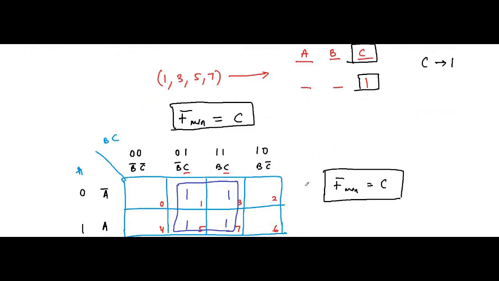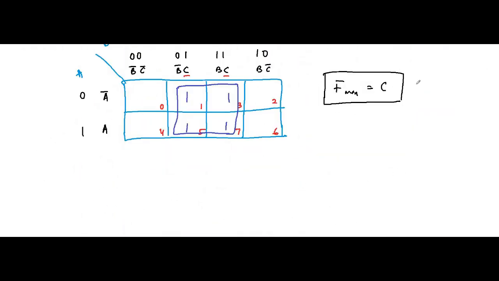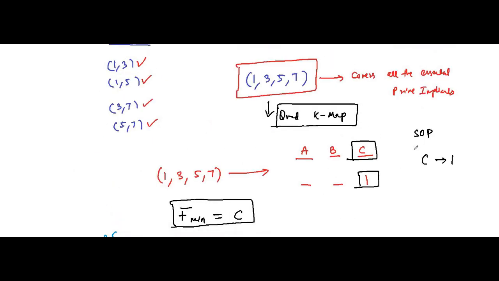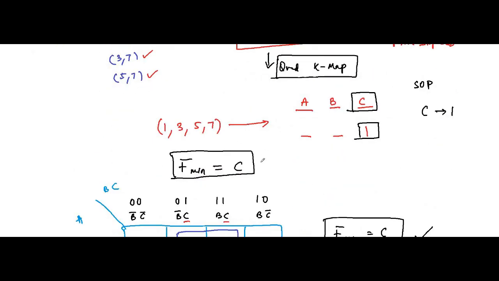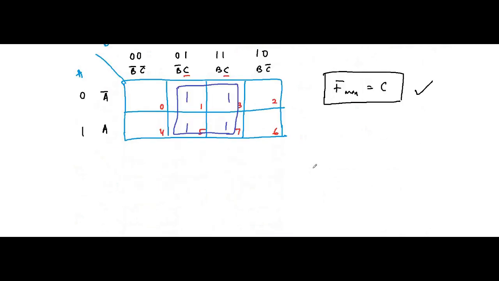So here the minimized Boolean expression is C through K-map, and also through the QMT method. If you want to solve the given Boolean expression, we did it in almost 1 minute, a few seconds through K-map.